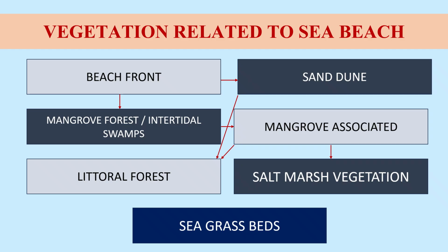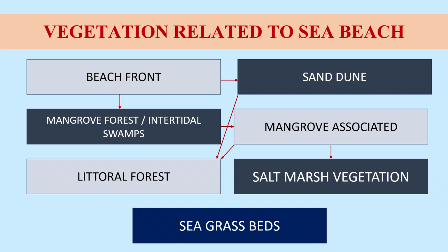So talking about the mangroves, when we say mangroves or the intertidal swamps, those are the areas where beaches merge between the estuaries and lagoons, and such kinds of vegetation.